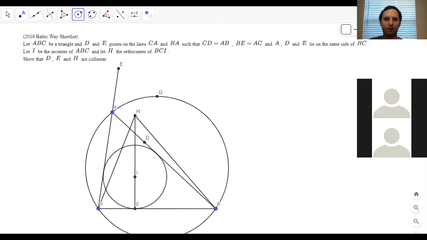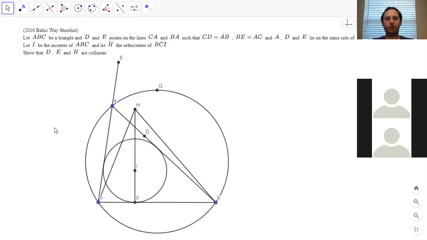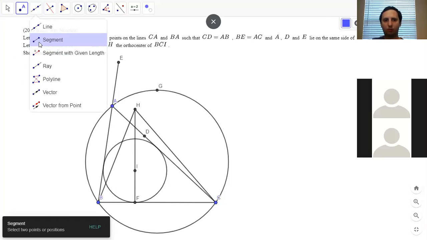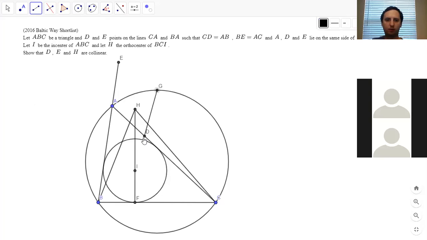Yeah, so I think you could use spiral similarities, or you could just use side angle side congruence, right? Because GC is equal to GB and CD is equal to AB, and then the angles are equal. So yeah, by side angle side congruence, those triangles are congruent, GDC and GAB.